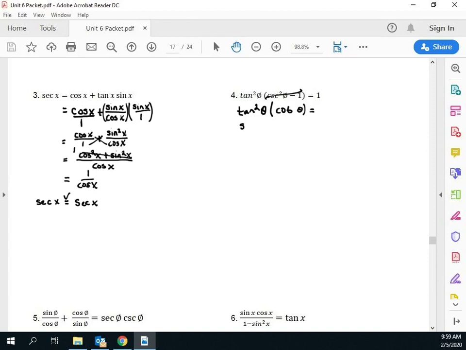They did sine over cosine. I see this. Okay, that works. That's great. Actually, it's what we've been talking about. Crosses out, crosses out. If everything crosses out, you're left with 1.